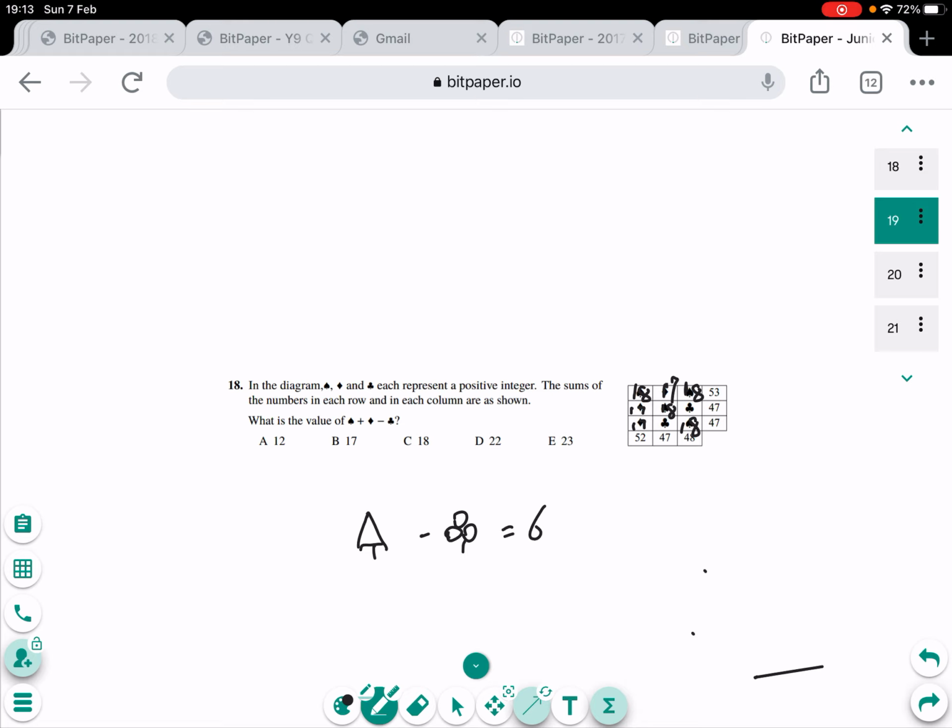So 17 and 18, we can know 35, 12, 20, 35, 47. Wow, I'm quite lucky. So 18 plus 17 minus 12. So 35 minus 12 equals 23. So the answer to question 18 is E.